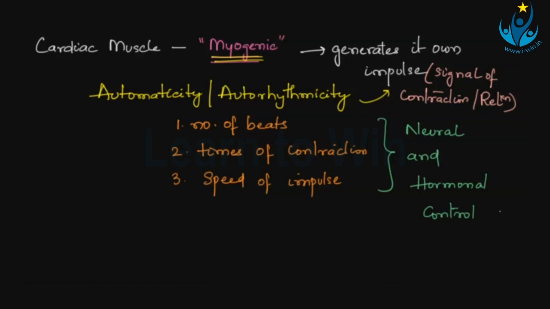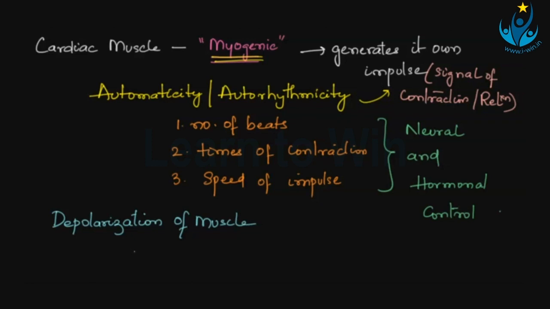Now, what kind of impulse are we talking about? This impulse is generated from the depolarization of the muscle. It starts from the muscle and spreads through the entire heart muscle. So what is depolarization?